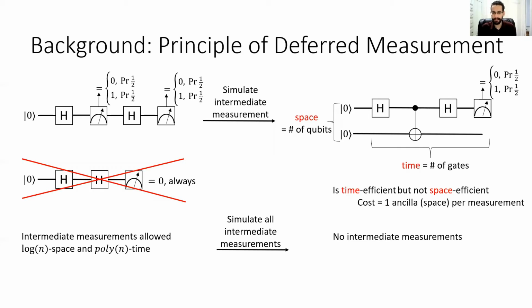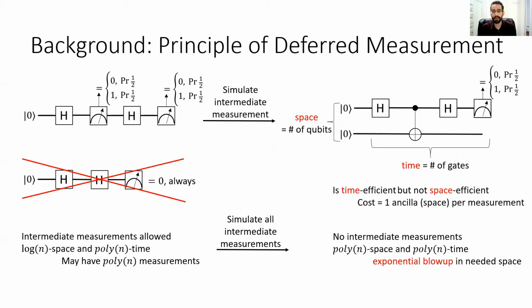Well, the original algorithm, which ran in poly time, might make polynomially many intermediate measurements. Each one of these measurements costs one additional unit of space to simulate, which causes our new algorithm to require poly space in addition to poly time. But this is an exponential blowup of the amount of needed space, which is extremely not good.